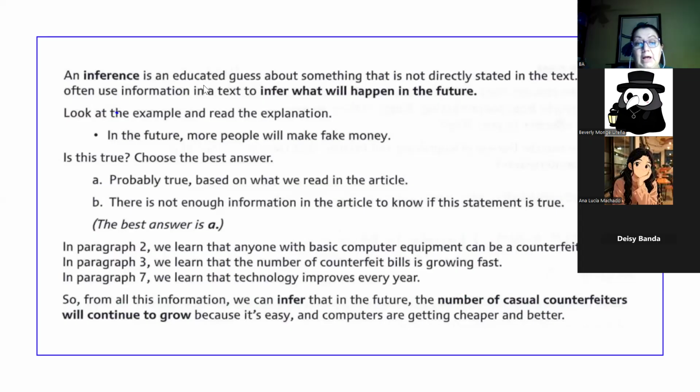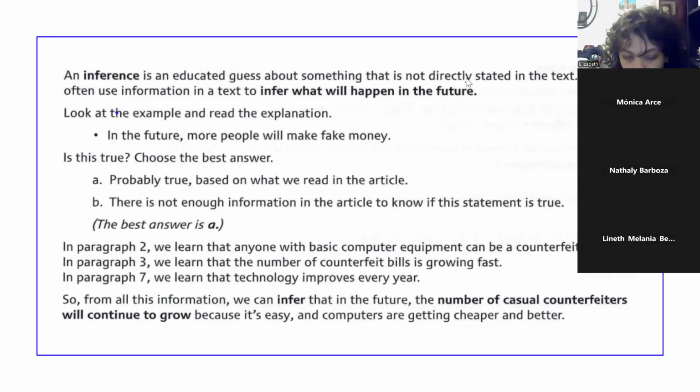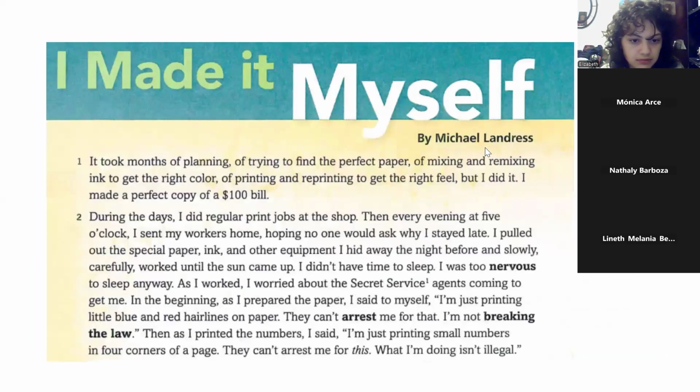Okay? Now, do you guys agree with the inferences about more people becoming casual counterfeiters? Yes? Because we have a lot of evidence. Okay? Everybody agrees with Daisy? Elizabeth, ¿estás entendiendo? Yes. Perfect.